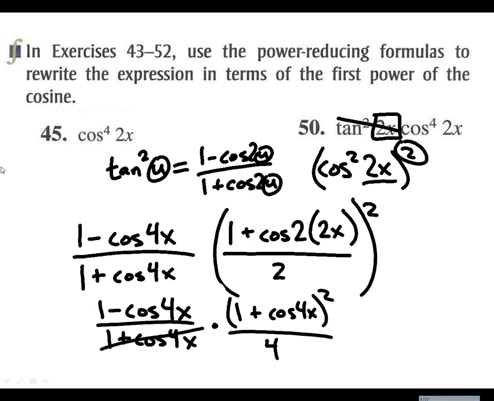Well, look what we got here. 1 plus cosine of 4x and 1 plus cosine of 4x, so those cancel. That's over 4. And so if we FOIL this, this is the difference of perfect squares. We're going to have 1 minus the cosine squared of 4x all over 4. All right, so we've cleaned this up nicely.